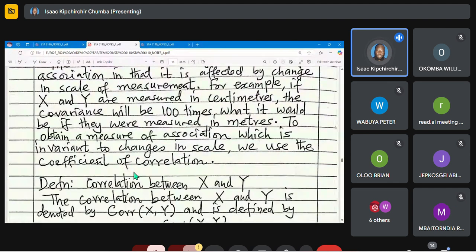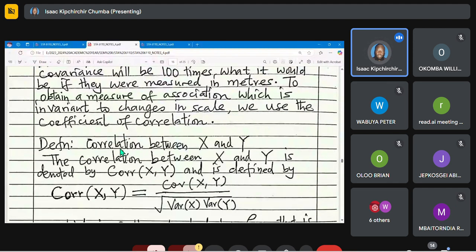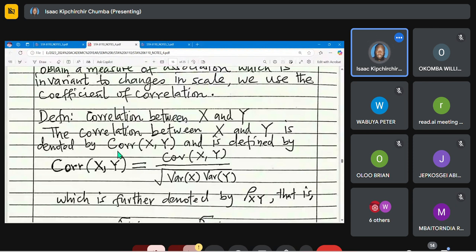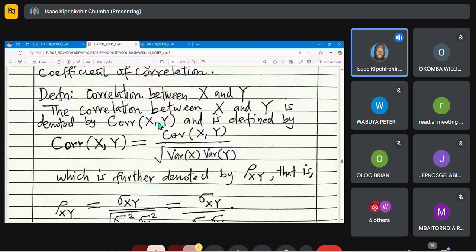This will be standardized in such a way that it will not be affected by change in scale. So the correlation between x and y is denoted by the notation CORR of x, y, where you separate them with a comma.